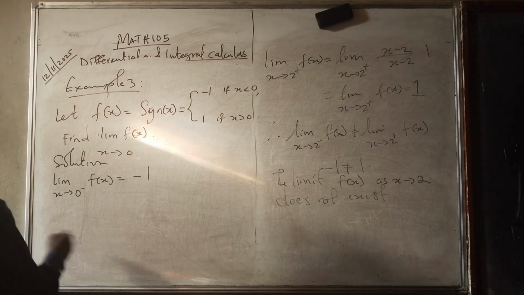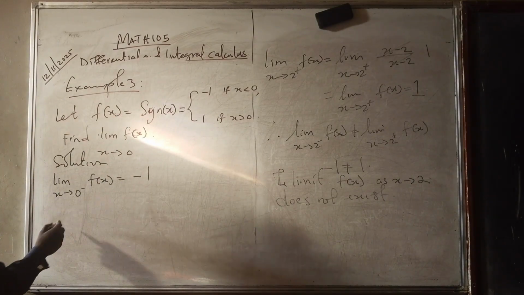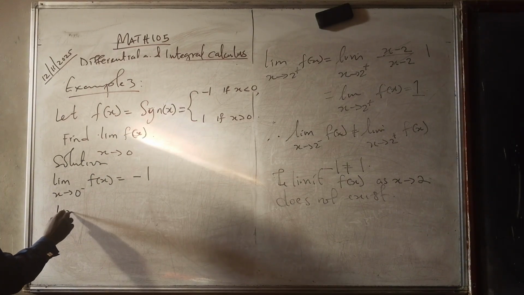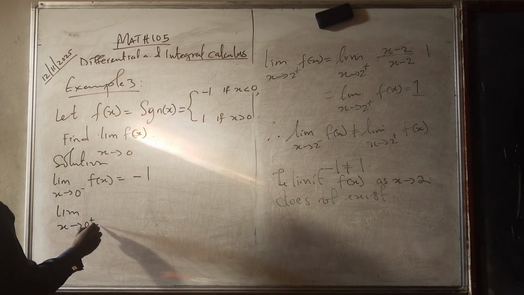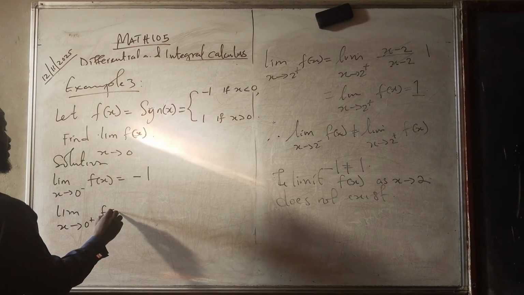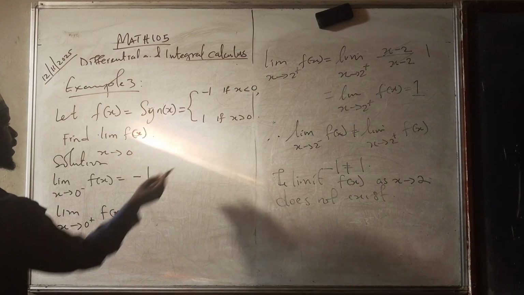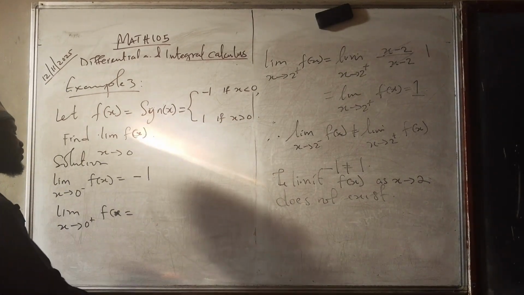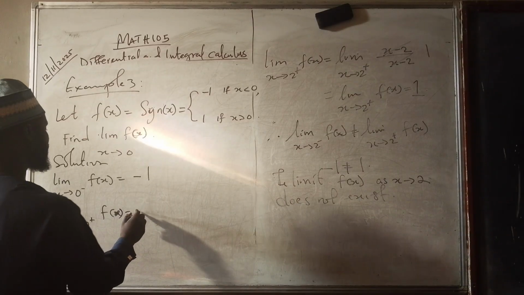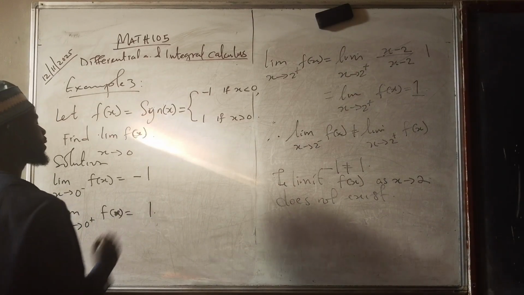The function is already defined. So the limit as x tends to 0 from the right of f of x: we consider when x is greater than 0, for all values above 0, f of x is equal to 1.